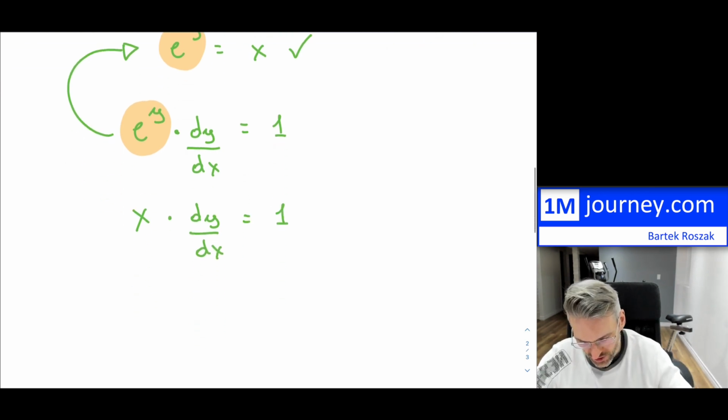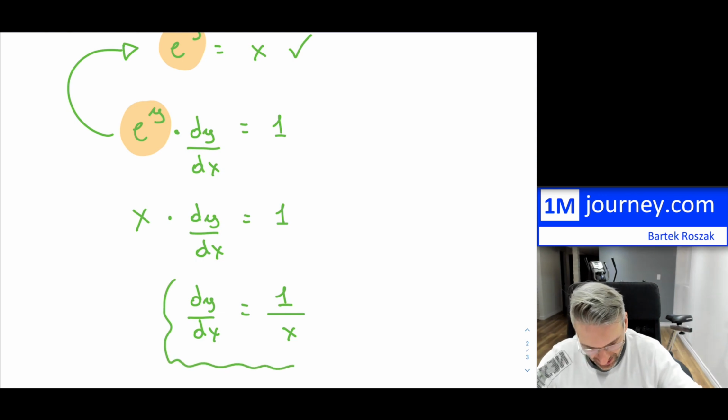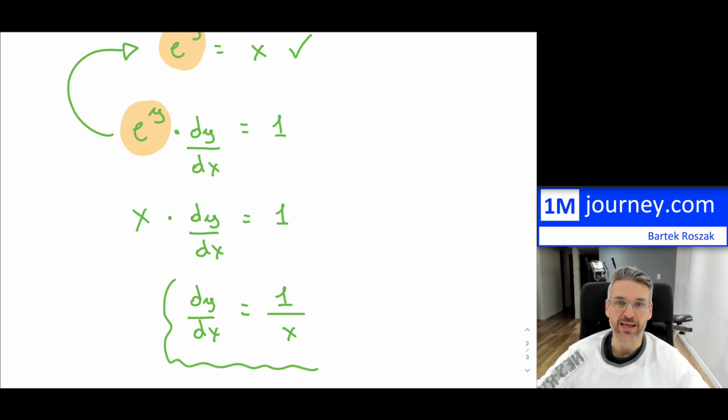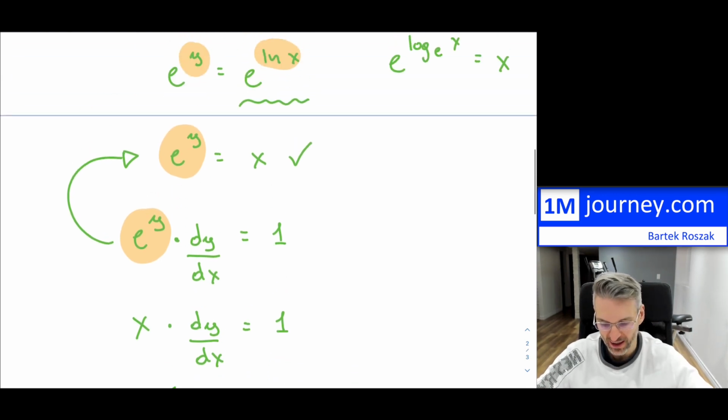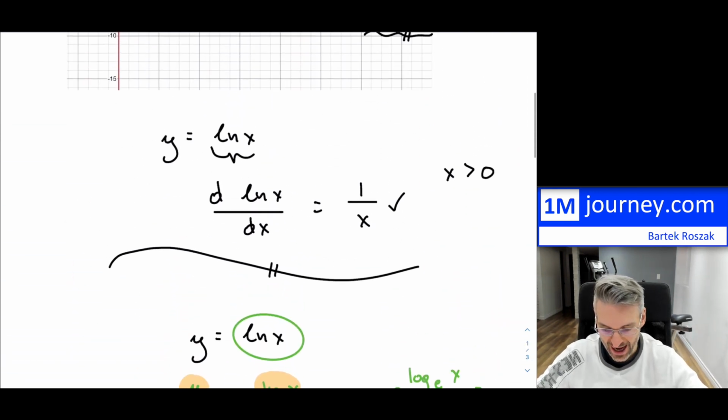And now, if you isolate for the derivative, dy over dx, or simply y prime, is going to be 1 all over x. And this is exactly what the derivative would be. So that's how you would find the derivative, and the proof is just by implicit differentiation. Those are the steps that you would have here.